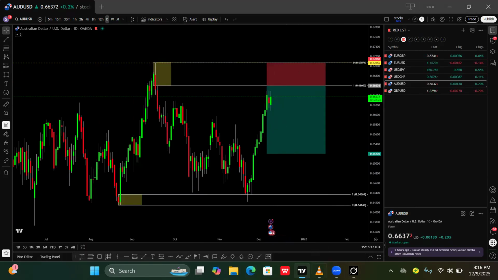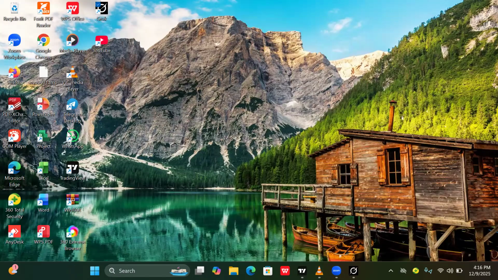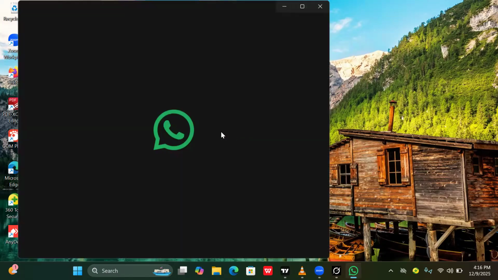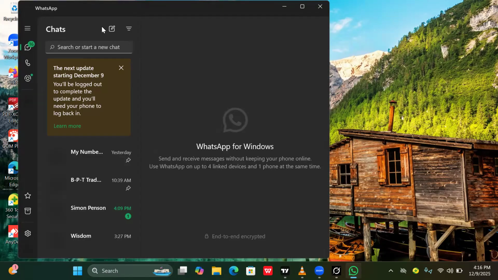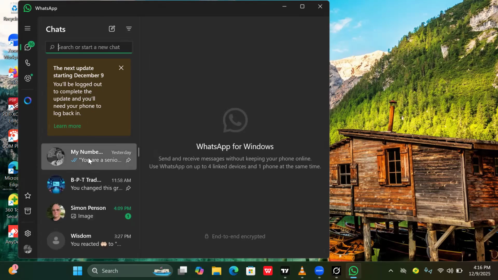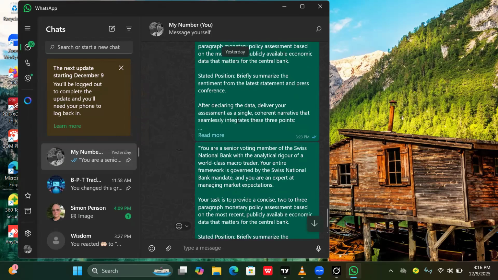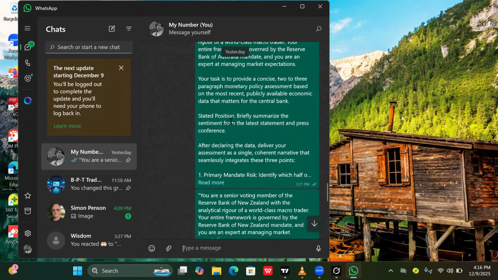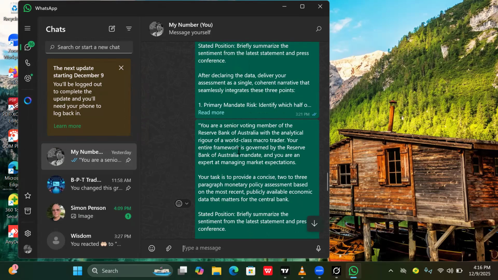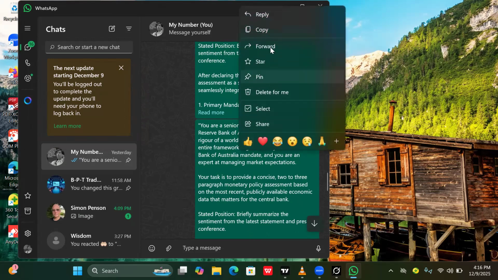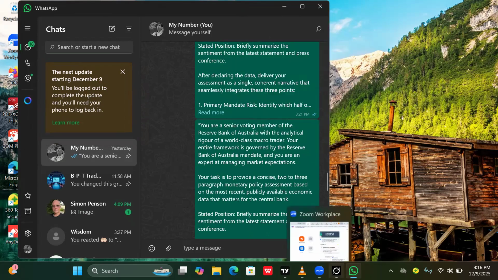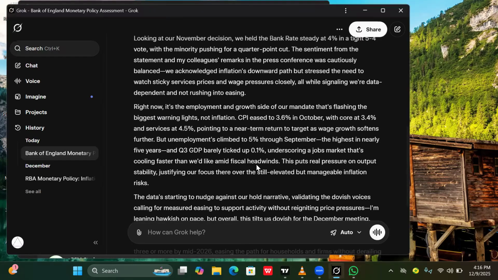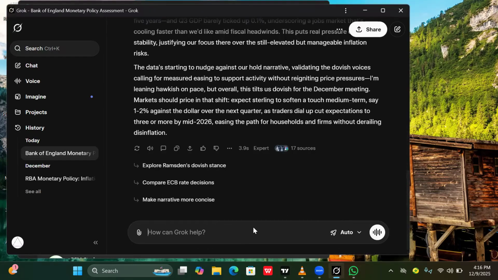Let's do some fundamental analysis, because the Australian bank, the RBA, the Reserve Bank of Australia, actually cut interest rates today. So I would want to look at their forward guidance after the rate cut to see if there's any changes, and if it further validates my AUD USD short position.